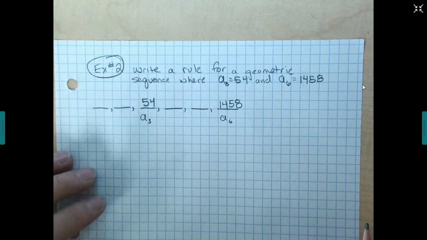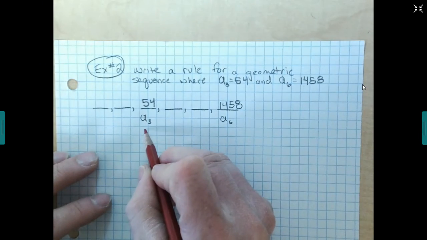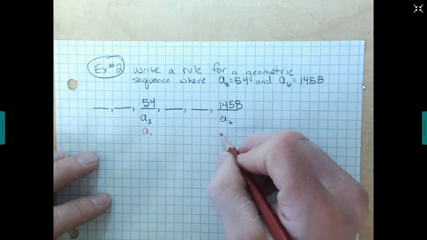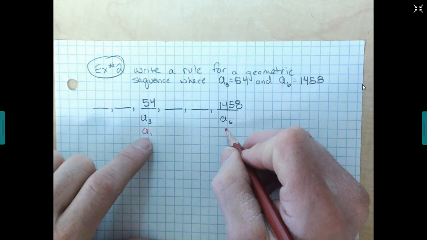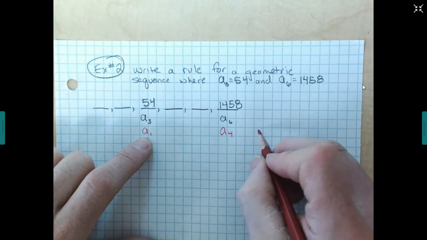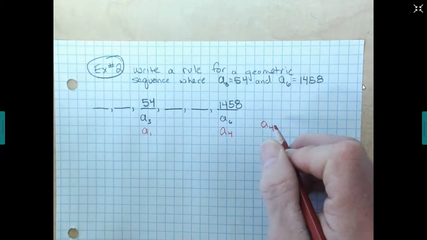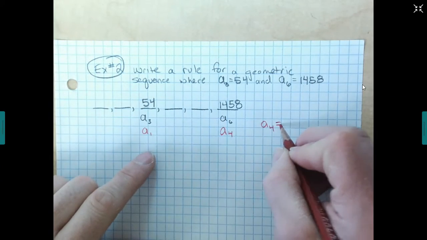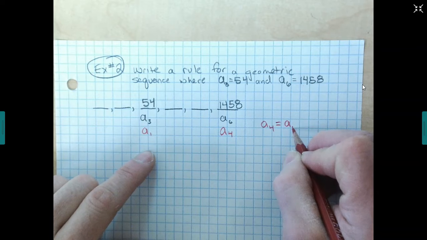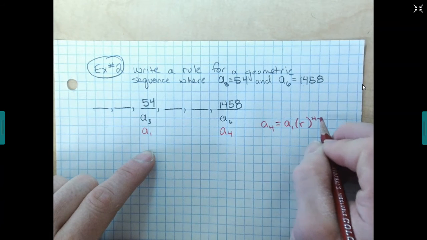So let's see. Well, I guess we're going to have to make this a_1. That was 3 minus 2 equals 1, so a_4. So let's do a_4 equals a_1 times r to the 4 minus 1.